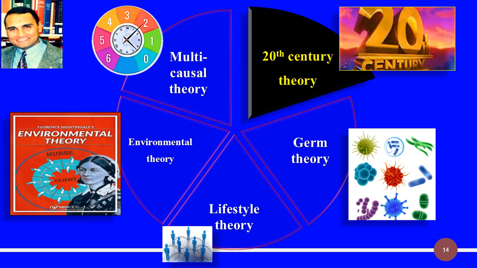Therefore, theories of disease occurrence in the 20th century differed from what they were previously. In the 20th century, there are 4 theories about disease causation: germ theory, lifestyle theory, environmental theory, and multi-causal theory. All these theories will be discussed after a while.